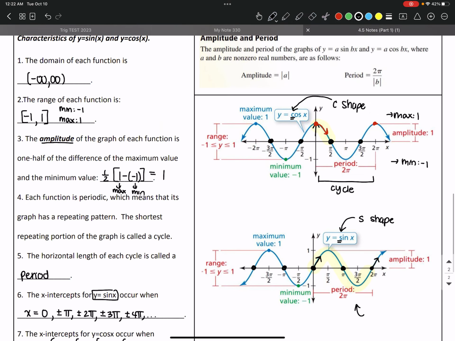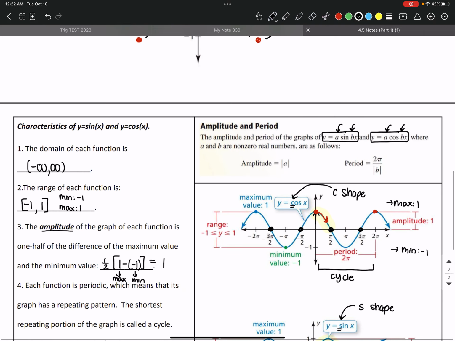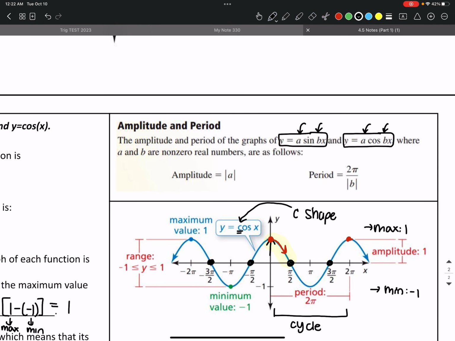Another thing I want to talk about is, if I have coefficients in front of cosine or sine graphs, either on the outside or the inside, it's going to affect the graph, so change it from the parent function. Amplitude I can always find by looking at whatever the a value is. That's the coefficient in front, and doing the absolute value of that.